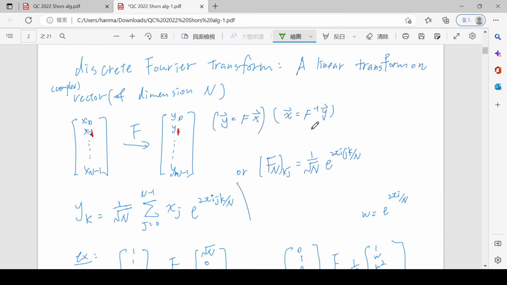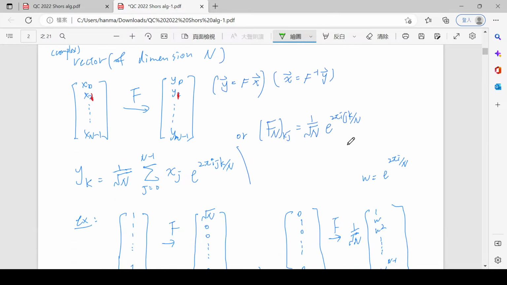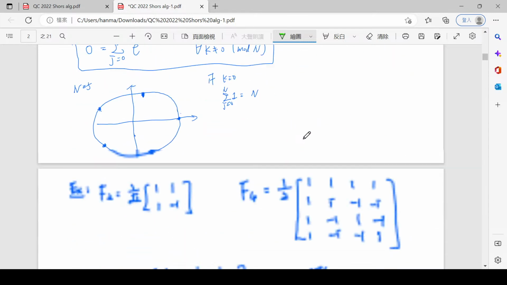So the discrete Fourier transform, for now I think of it as a way to transform a vector to another vector, and it's a linear transformation. So basically, it's a matrix, with the kj-th element being 1 over square root n times e to the 2 pi i jk over n.